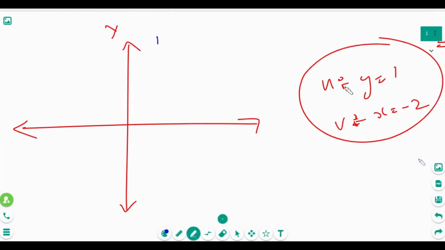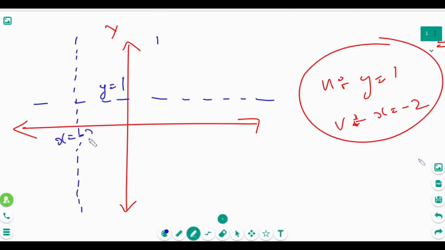Horizontal here we have y equal to 1, so it will never go past that. Vertical here we have x equal to minus 2. The graph is coming out to be like this.